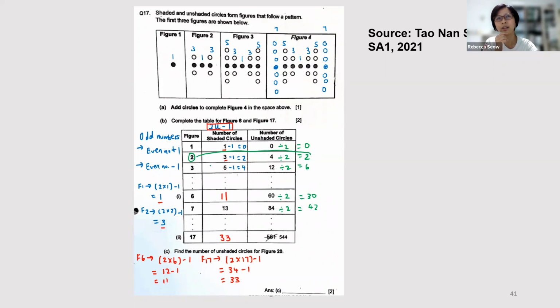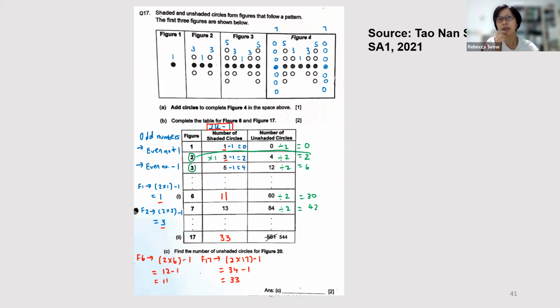What is this 1 all about? Why did I randomly get the number 1? 1 is actually one number before the figure number. So in this case, my figure number is 2. 1 less than this figure 2 is 1. So 2 multiplied by this 1 gives me 2.